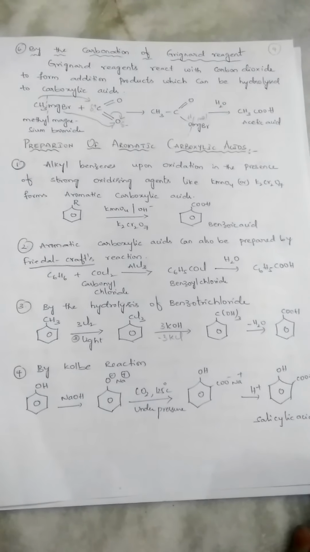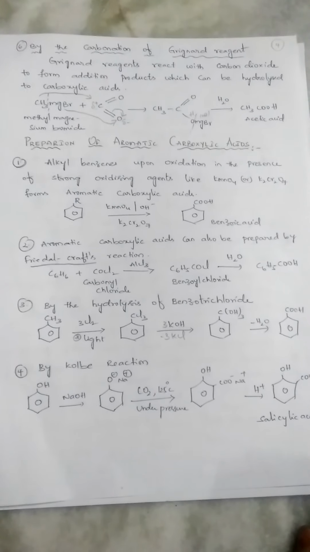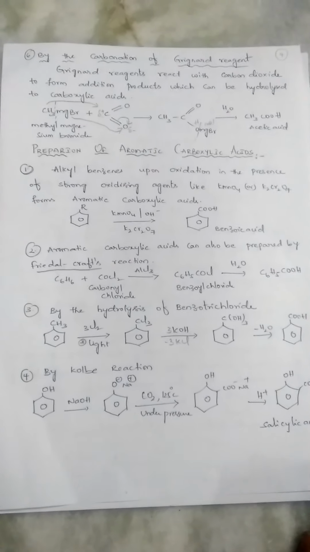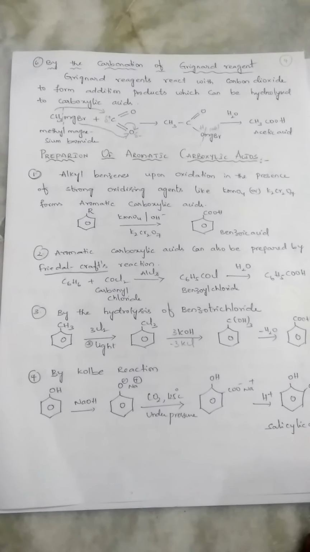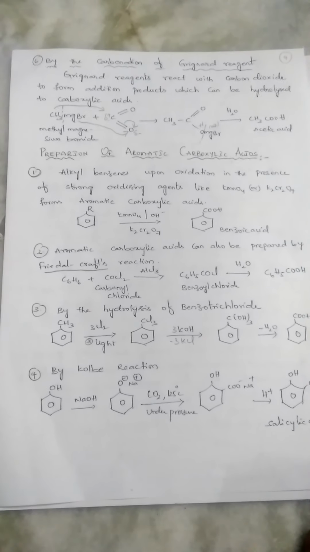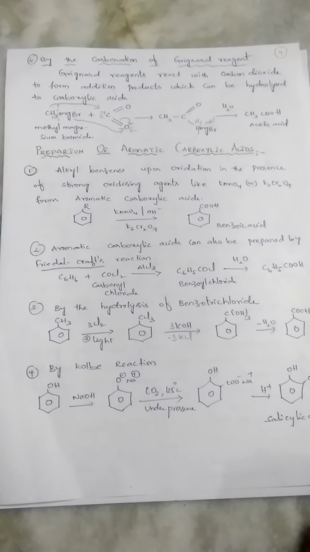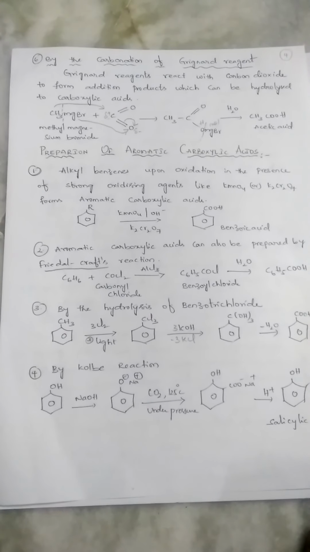In the next class, in the next video, I am going to discuss the physical properties of carboxylic acids, and then later we need to discuss the acidic nature of carboxylic acids, which is a very important question for your exams.